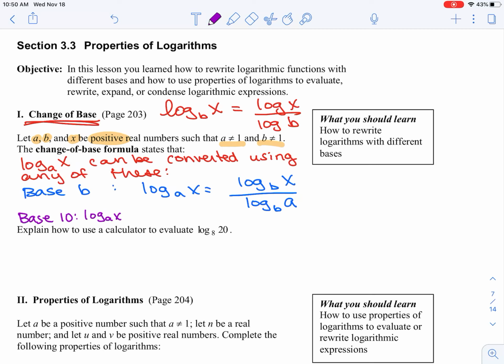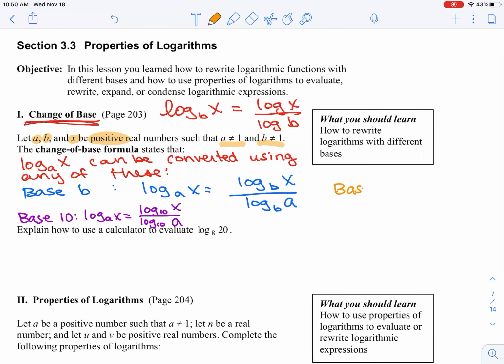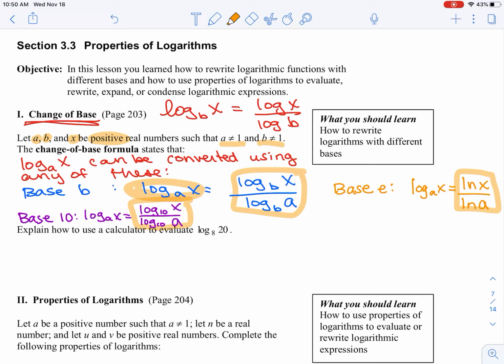So if you have log base a of x, this is really log base 10, or the common log of x, over log base 10 of a. And then the last one says we can also convert it by changing it to base e, where we would say log base a of x can equal the log base e, or natural log of x, over the natural log of a. So any of these ways you can change the base of the same log base a of x.